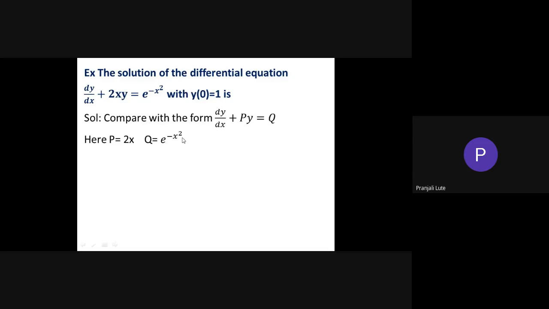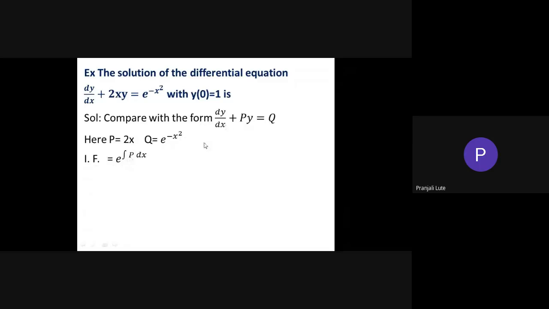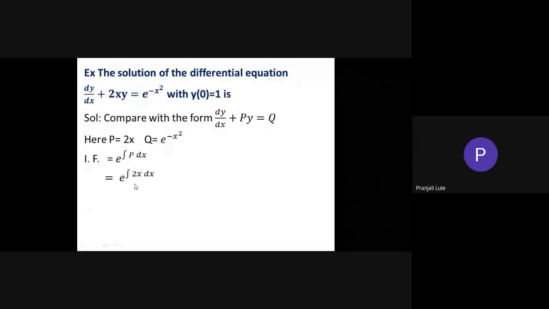Then the first step is to identify p and q, and the second step is to find the integrating factor. So what is the formula of the integrating factor? Integrating factor equal to e to the power integration of p dx. So put the value of p here: p is 2x into dx.